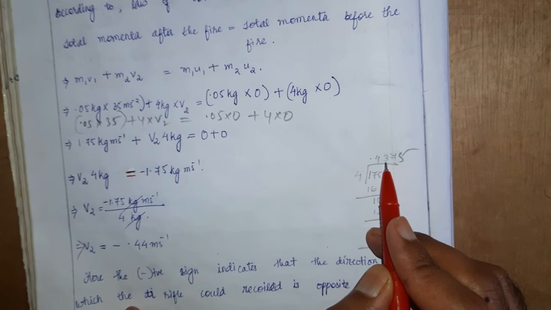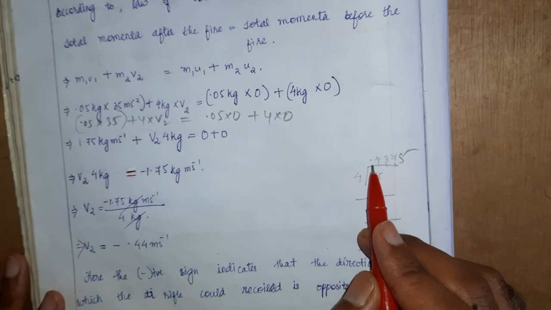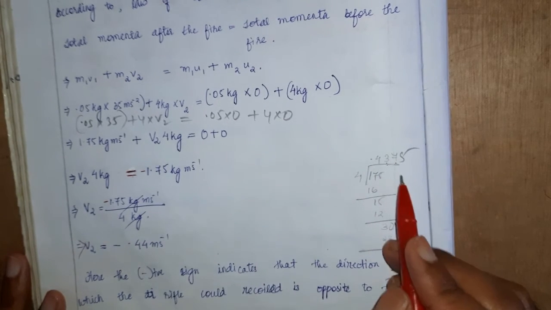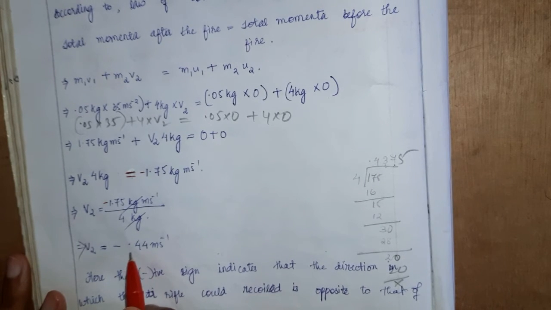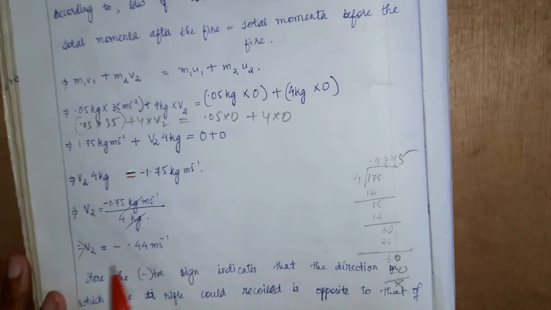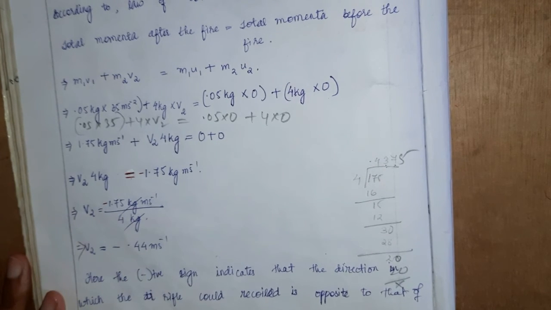If the third digit is less than 5, then this will remain the same, and you have to write 0.43 only. Since it is more than 5, we write 0.44, minus. So the recoil velocity is minus 0.44 meter per second.